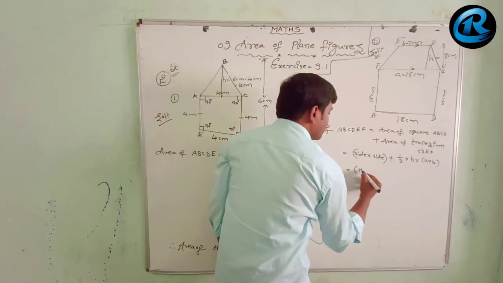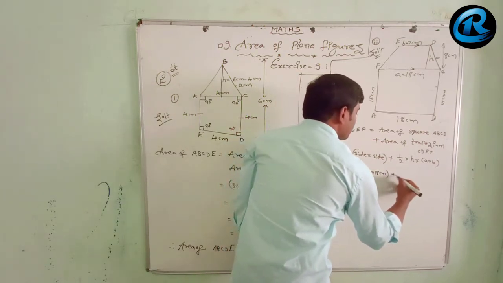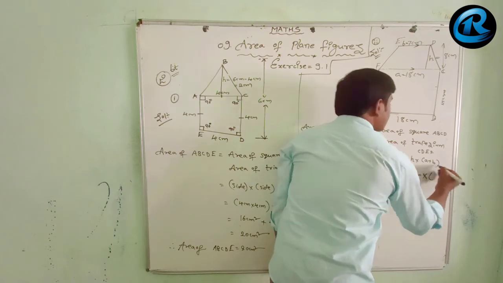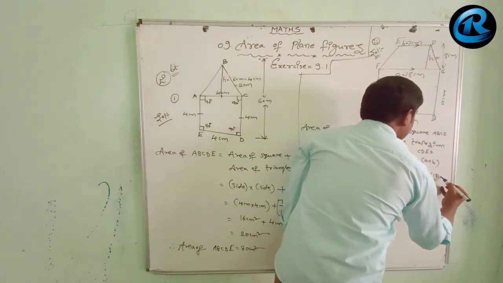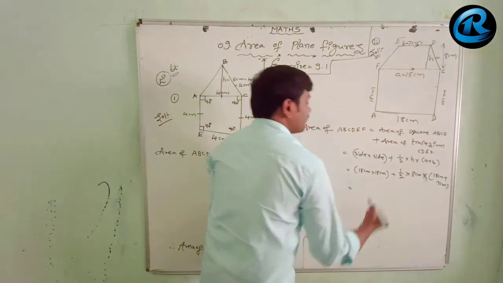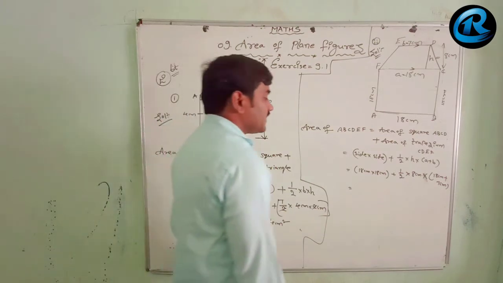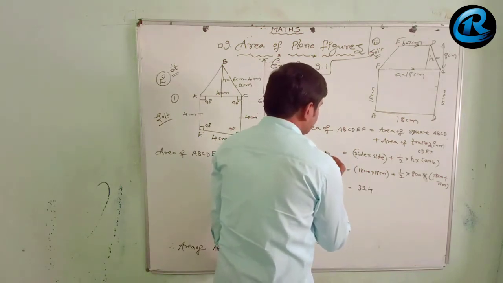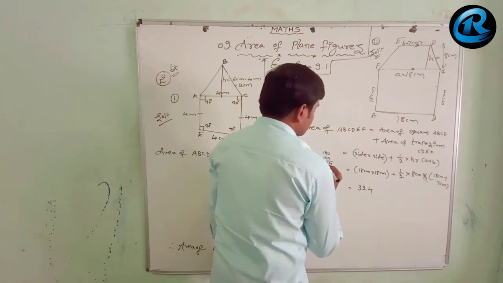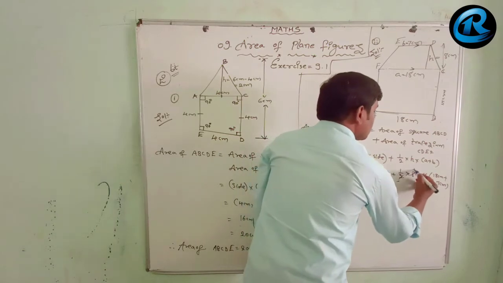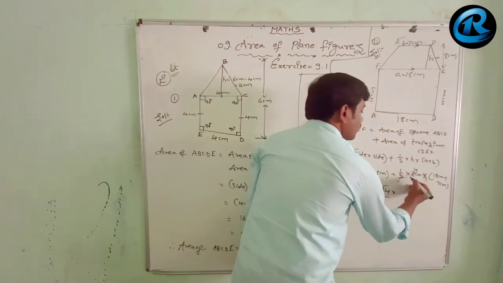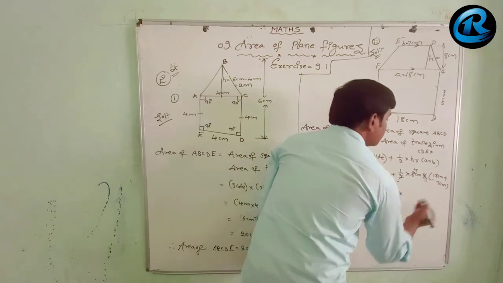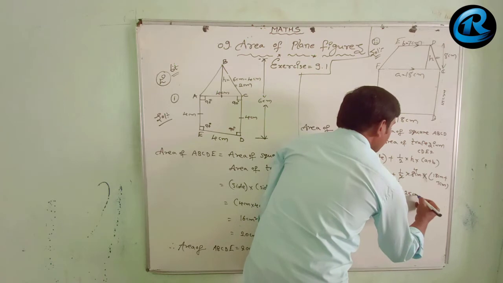Let us apply here. The side is 18 centimeter. 18 centimeter into 18 centimeter plus 1 by 2 into height 8 centimeter into a plus b, that is 18 centimeter plus 7 centimeter. 18 into 18 is 324. Then 1 by 2 into 8 is 4, so 4 centimeter into 18 plus 7, that is 25 centimeter.